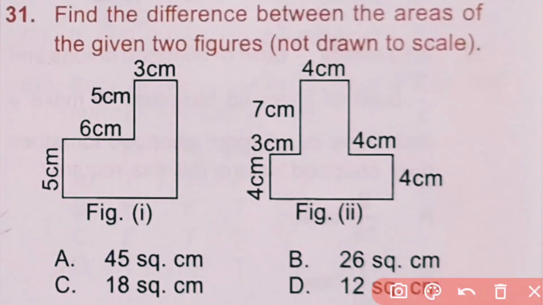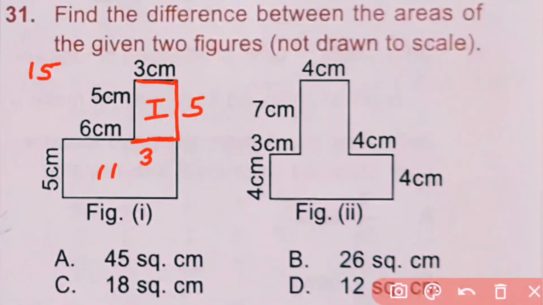Question number 31. Find the difference between the area of the given two figures. So here in the first figure we make two parts. So this is 3 centimeter, so this is also 3 centimeter, and this is 5 centimeter. So area of one is length into breadth, means 3 into 5 means 15 square centimeter.